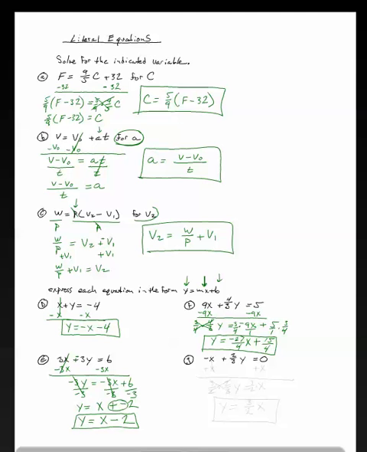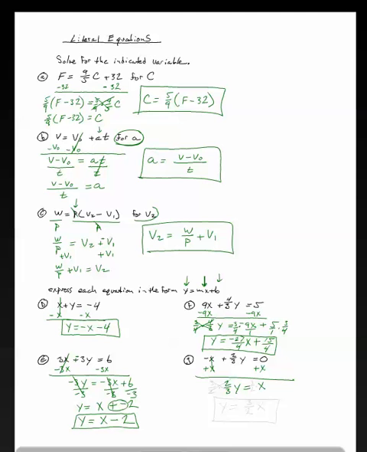Our last example, example G, we've got negative x plus 2/3 y equals 0. Well, we want to get the x over on the right-hand side, so we add the opposite, so add a positive x. And that gives us 2/3 y equals, now I could write x plus 0, but x plus 0 is just x.